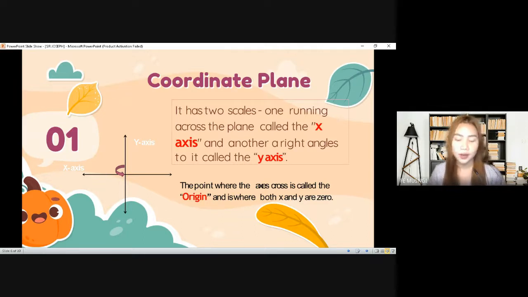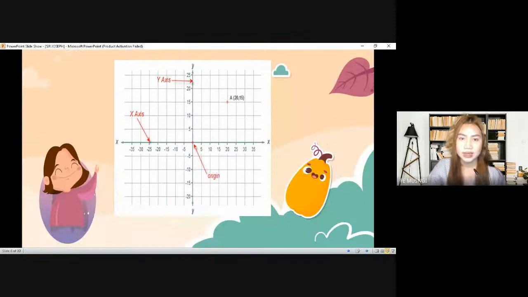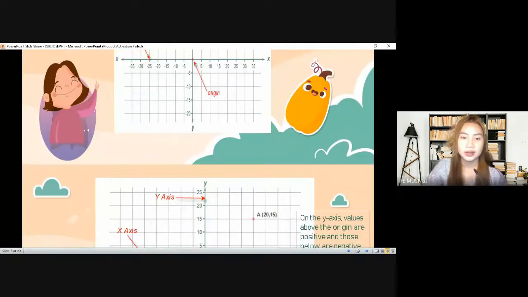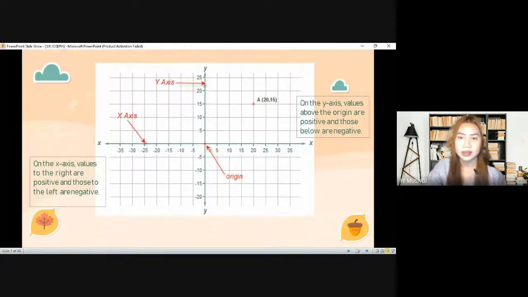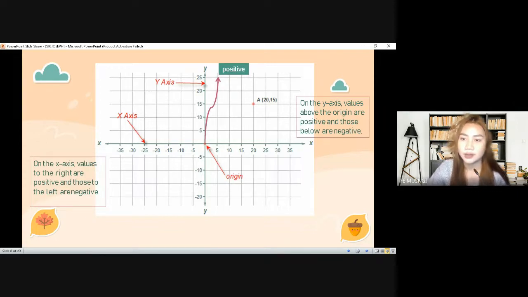Sabi daw, a coordinate plane is a 2D plane which helps to show the exact position of a point. Sabi dito, on the y-axis, values above the origin are positive, so sa taas daw ng origin are positive, and those below are negative.